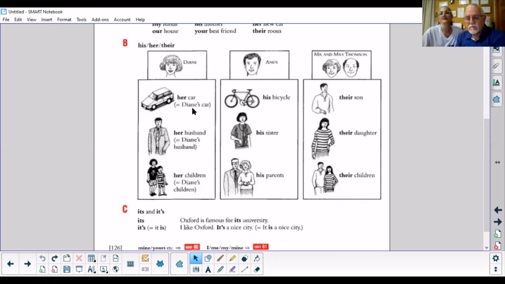As crianças dela. Okay, Professor Miriam, let me test you now. You've seen this bit. His bicycle equals? Andy's bicycle. His sister. Andy's sister. His parents. Andy's parents.